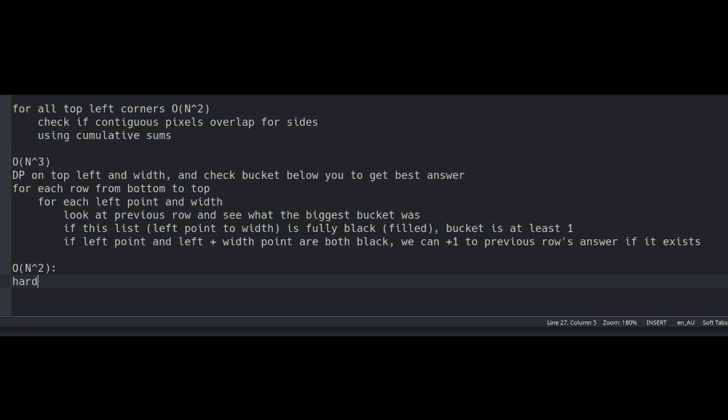And then N cubed is a reasonably advanced algorithm nerd or informatics contest participant. And then N squared is grandmaster level. Yeah, that's pretty hard. It's much like an ogre, this question. Much like a cake. Got a nice frosting. Nice frosting with a disgusting core.